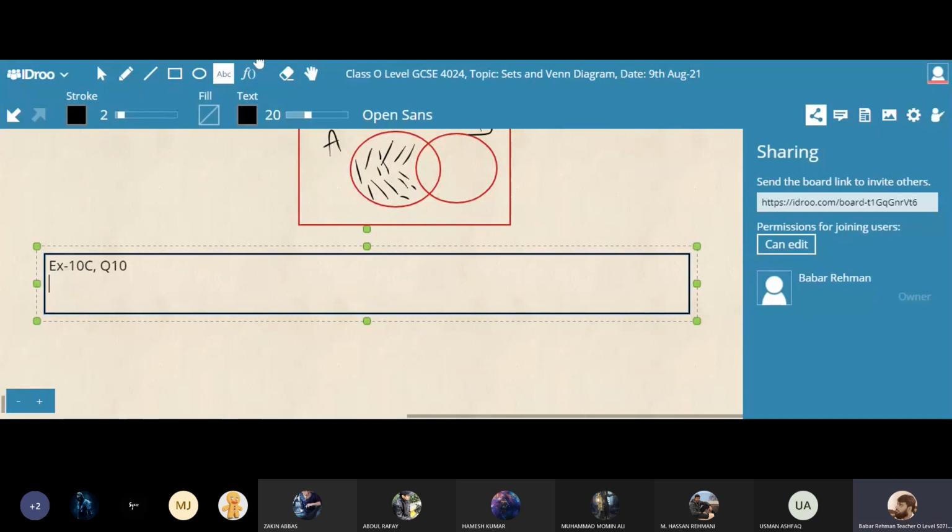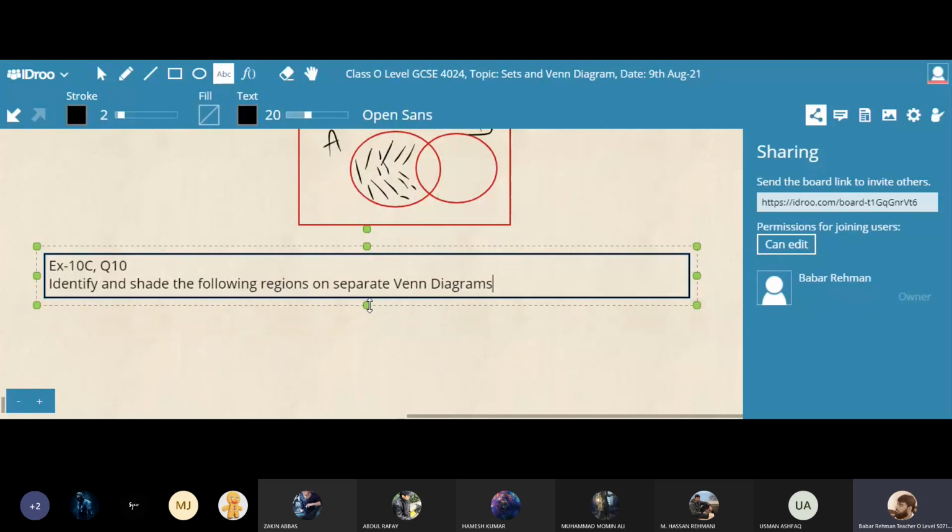Question is, identify and shade the following regions on separate Venn diagrams.